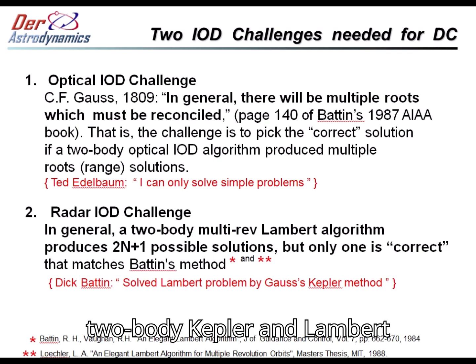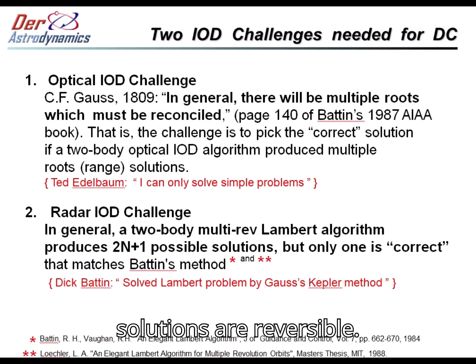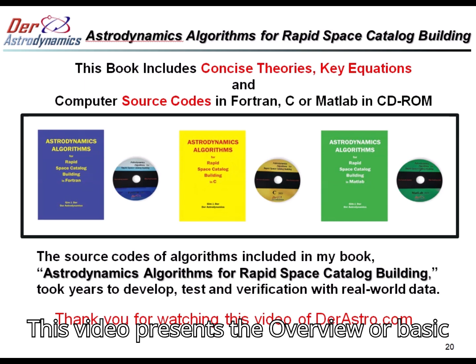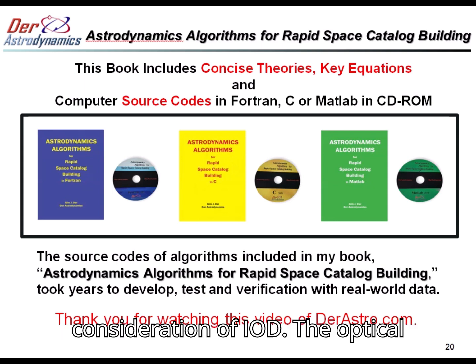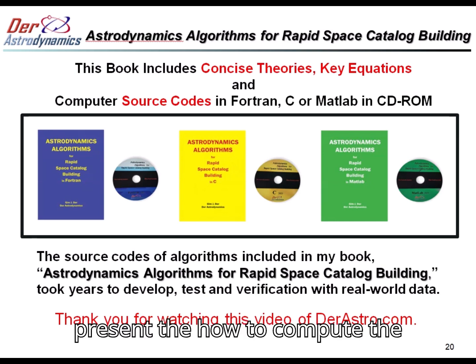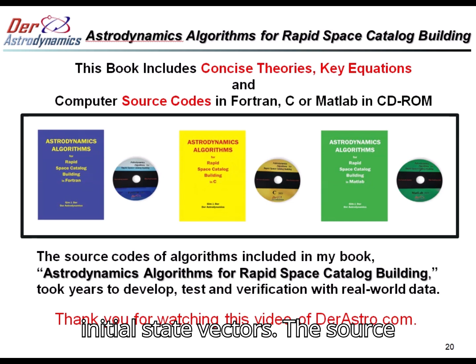That is, two-body Kepler and Lambert solutions are reversible. This video presents the overview or basic consideration of IOD. The optical and radar IOD videos present how to compute the initial state vectors.